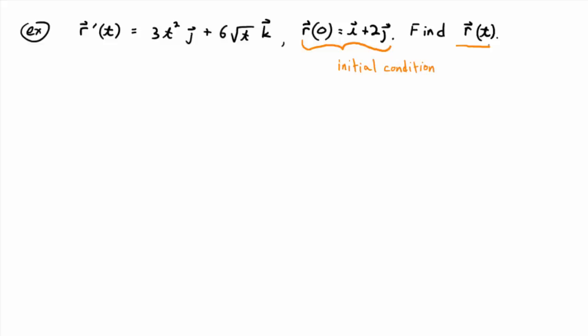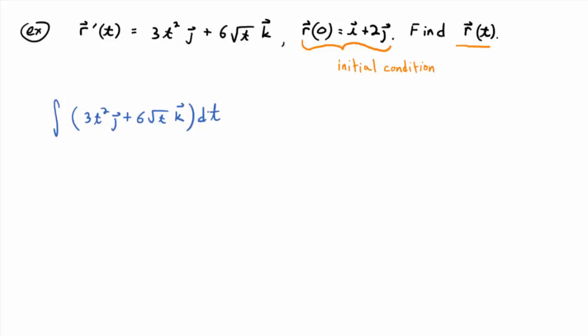Okay, so let's proceed like we did in a previous example. Let's integrate. We'll use the usual symbolism. Integrate 3t squared j plus 6 radical t k dt. Notice how I set that up just like a calculus 1 integral with the differential dt and everything, except remember we're going to integrate not term by term but component by component.